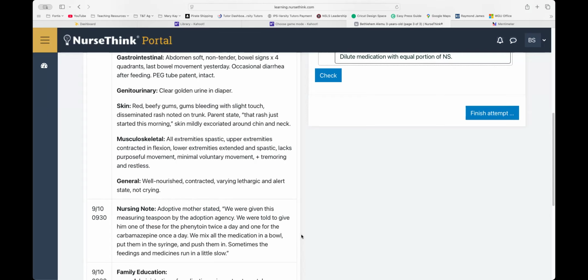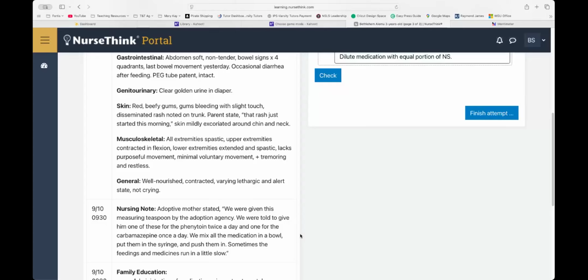What should we be using to measure seizure medications? Yep. We should definitely be using an oral syringe, so we can be extremely accurate with our dosing. And then transferring them between multiple vessels is going to lose some of that medication in that transfer.